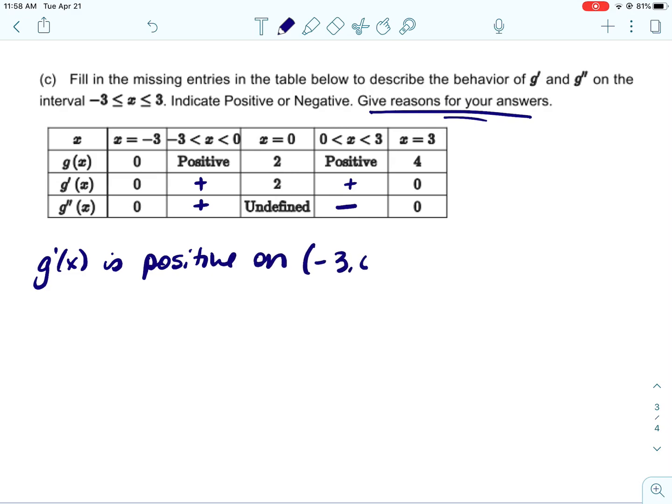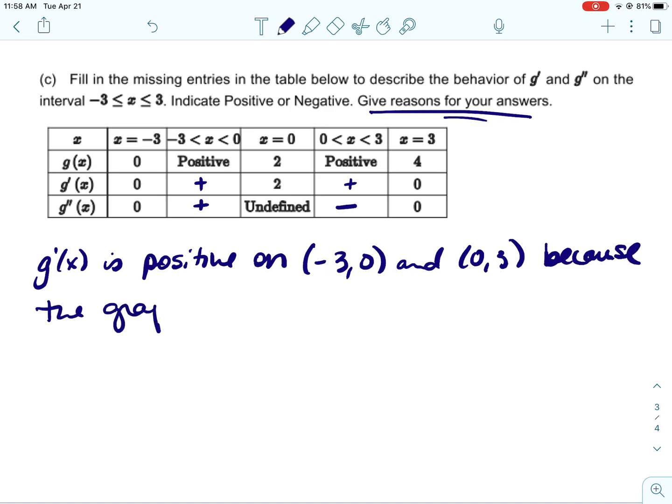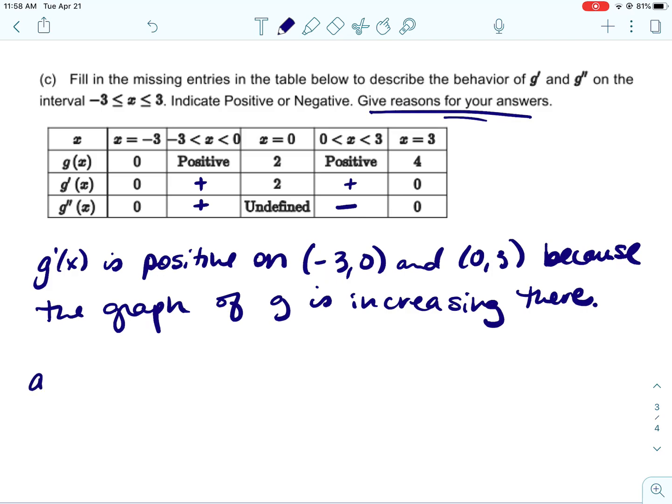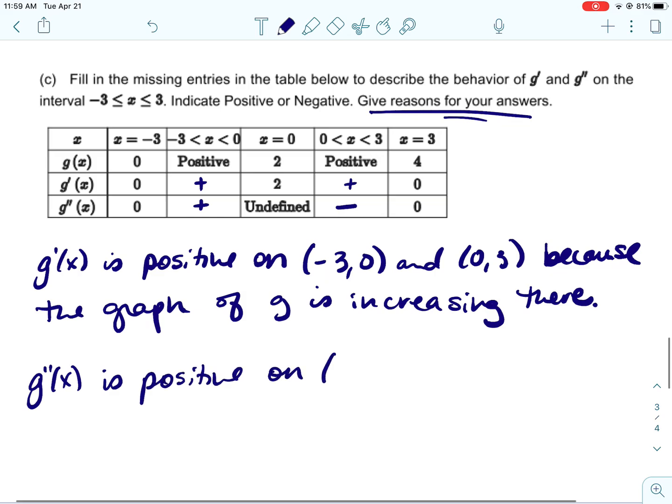Okay, we're not done. We have to give a reason. So I said all the reasons. Let's just go ahead and jot down all the reasons. So g prime of x is positive on the intervals from -3 to 0 and 0 to 3 because the graph of g is increasing there.